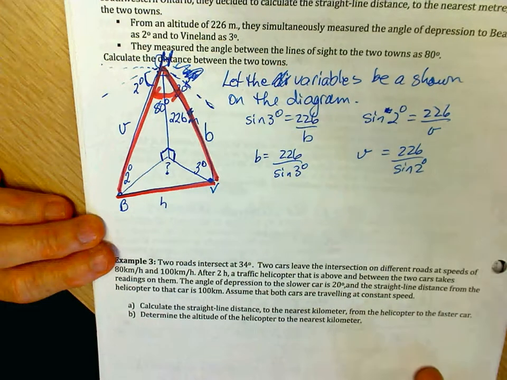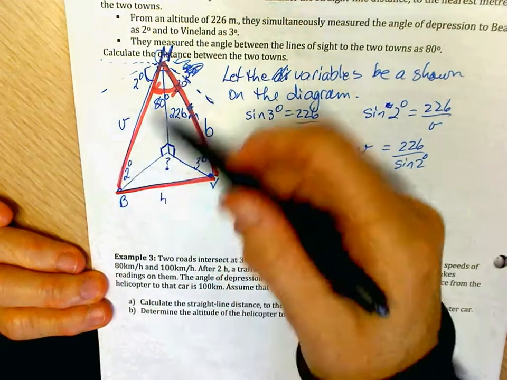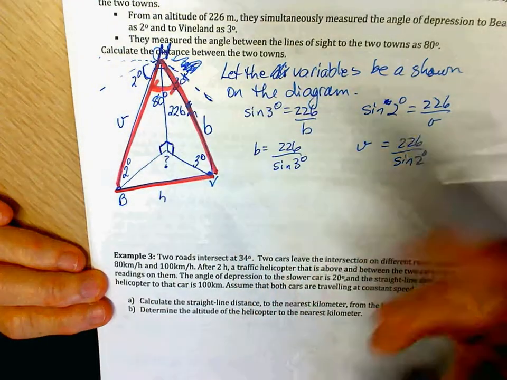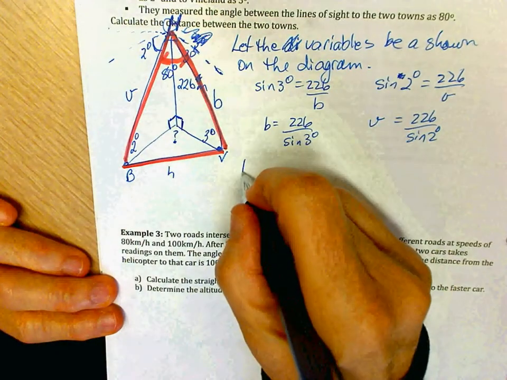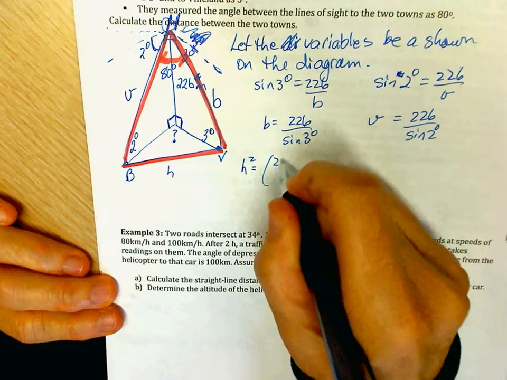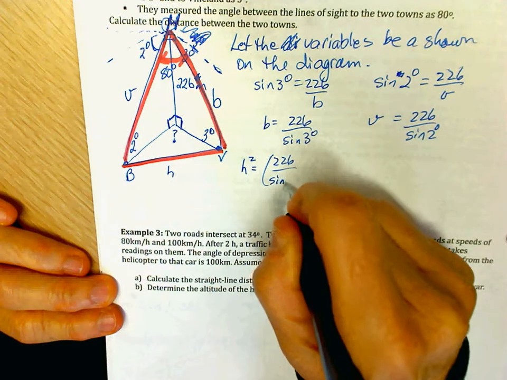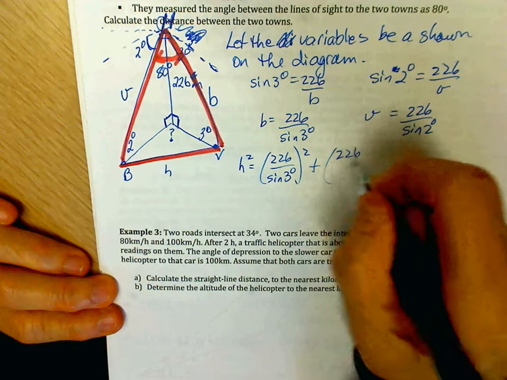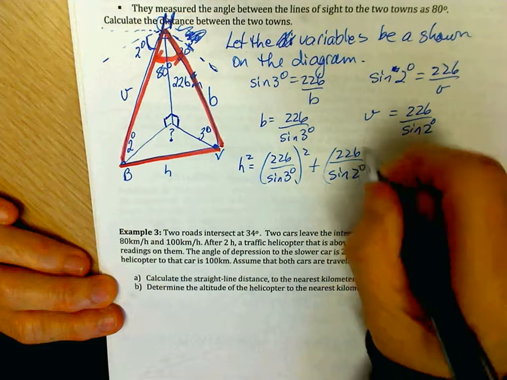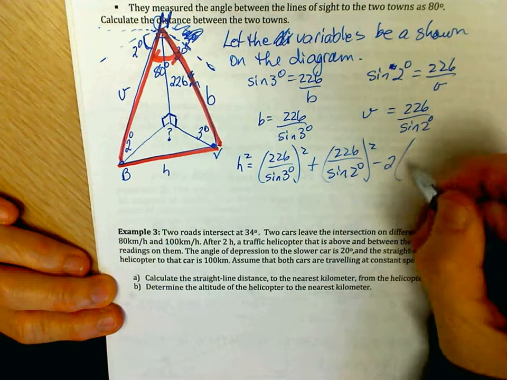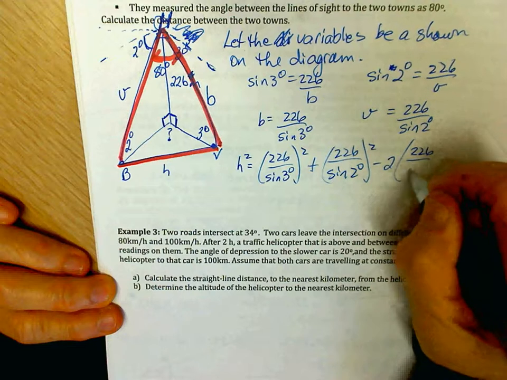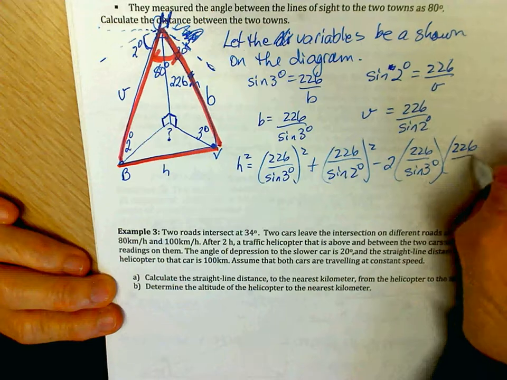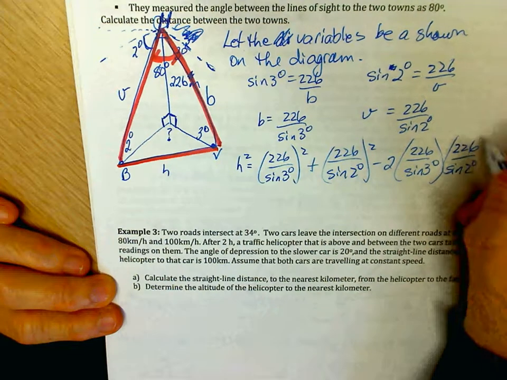We have side, angle, side, right? Side, angle, side, that's for the cosine law. So H squared equals 226 over sine of 2 degrees squared minus 2, and it's cos of 80 degrees.